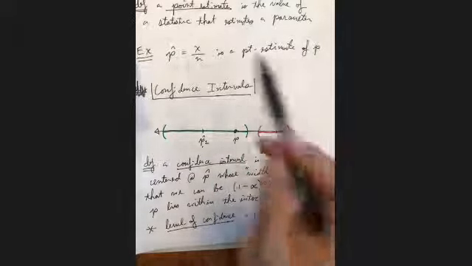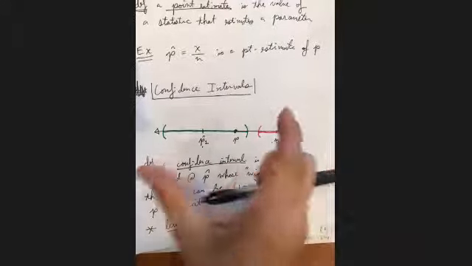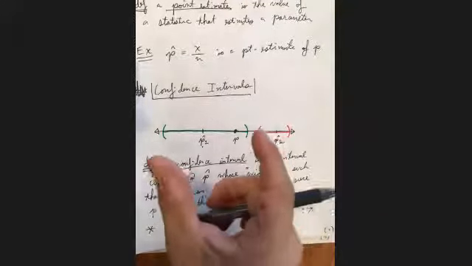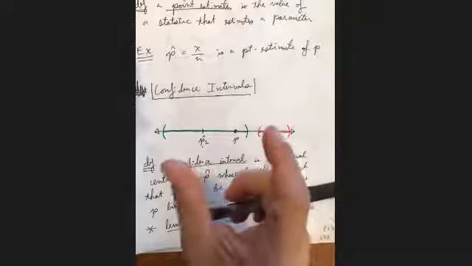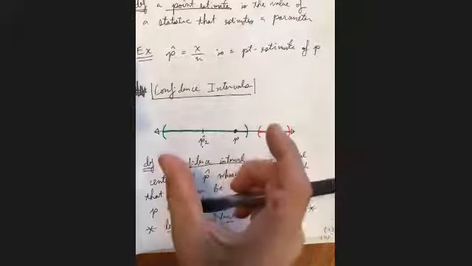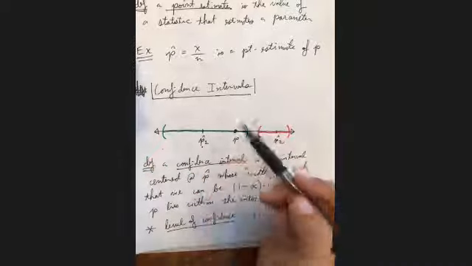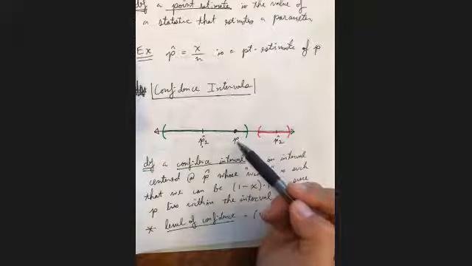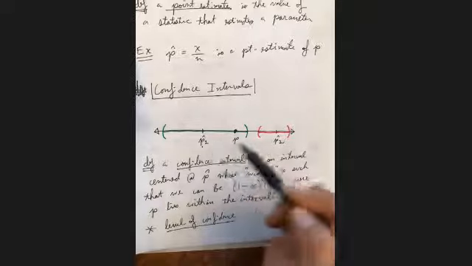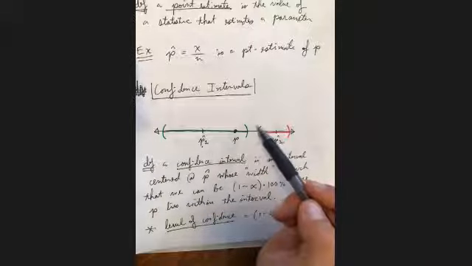So what confidence intervals are about is determining how wide an interval must be in order for us to assert with a certain level of confidence that the actual value of the population proportion will fall within the given interval.